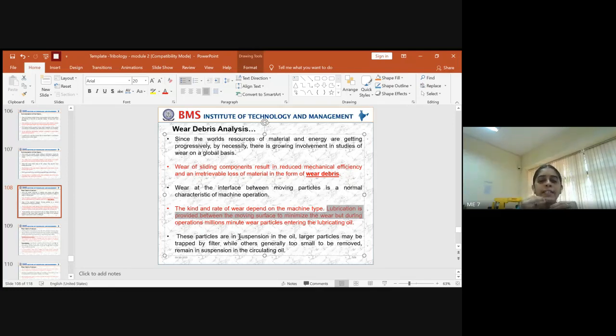But if these additive particles are disturbing or resulting in the formation of some wear, then these additives have to be filtered properly, or the microstructure and particle size of the additives you are using should be smooth enough so that there is no disturbance in the lubricant film when the mechanical component is either rolling or sliding.